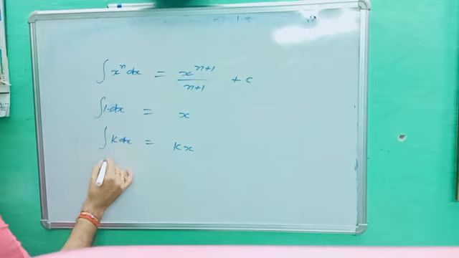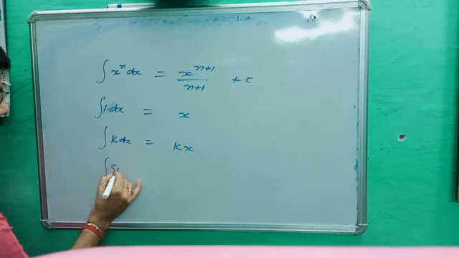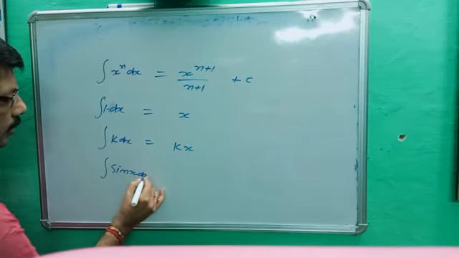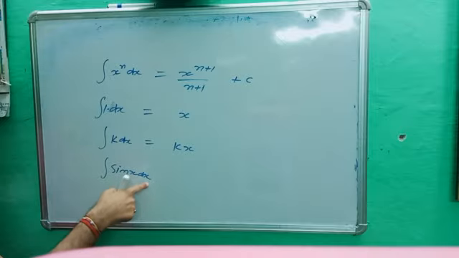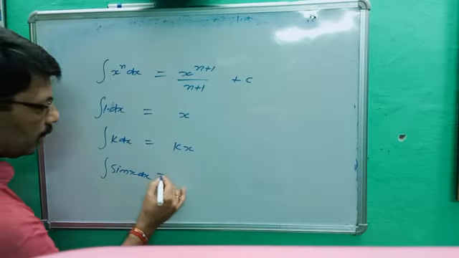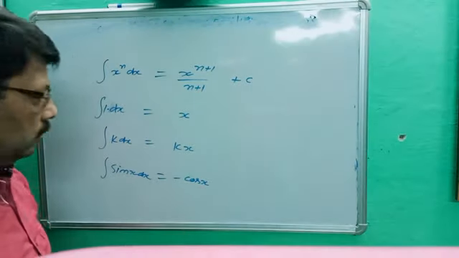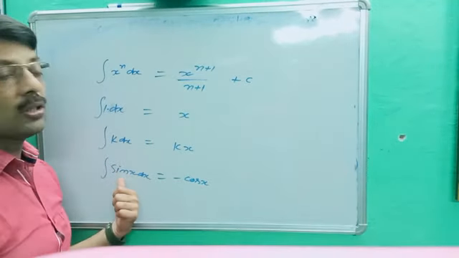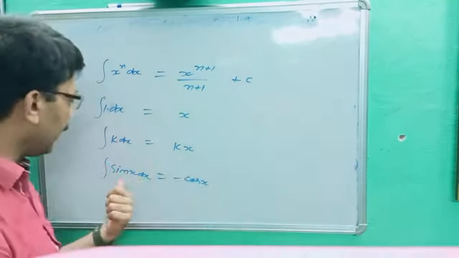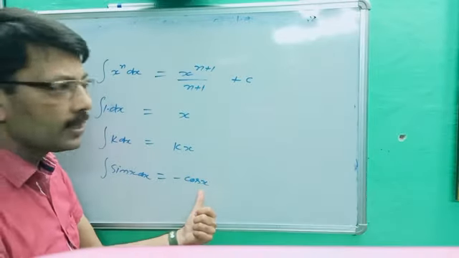See, integration of sin x dx. Keep in mind, sin x and dx should be there. So it will become minus cos x. You better know the differentiation of sin x was cos x, but integration of sin x is equal to minus cos x.